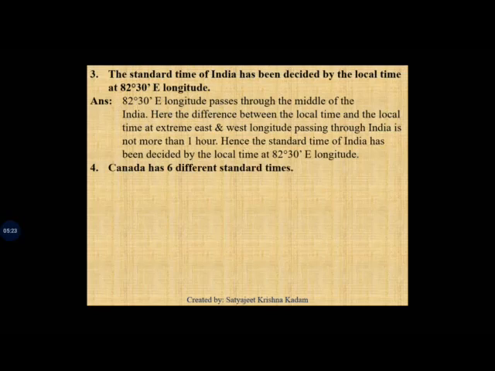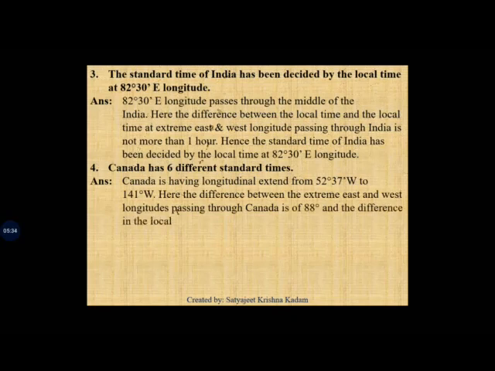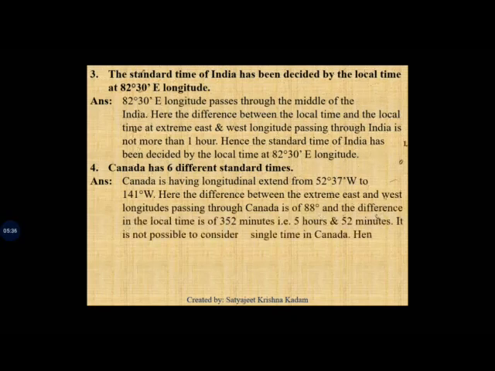Next, Canada has 6 different standard times. Answer. Canada is having longitudinal extent from 52 degree 37 minutes west to 141 degree west.